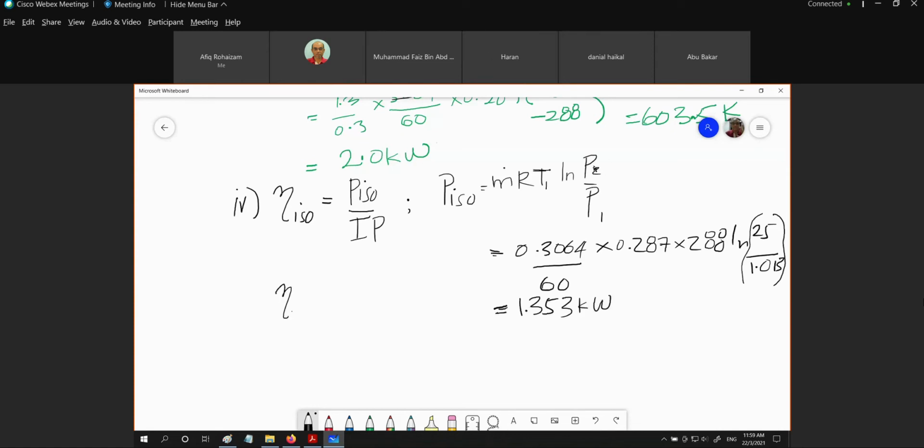So this one will be 1.353 divided by 2.0 multiplied by 100. So that is your P iso. Okay? How much is that?